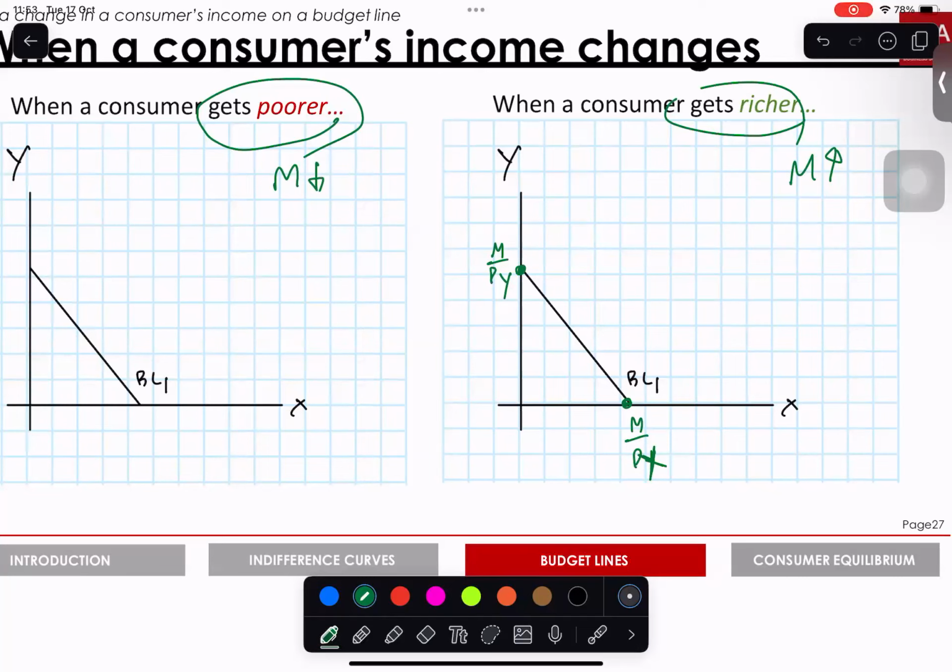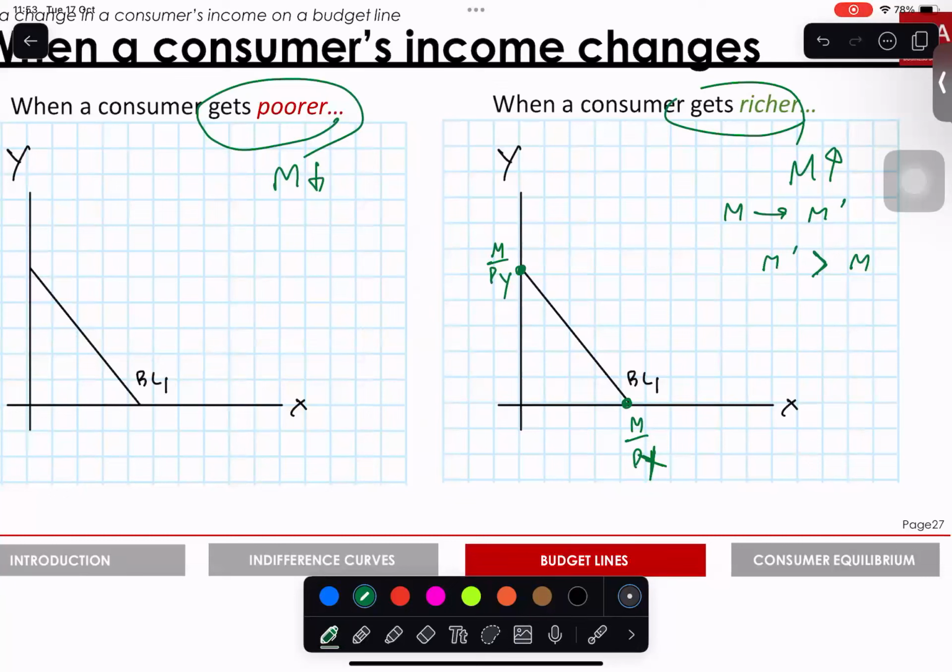If he becomes richer, let's say M changes from M to M dash, where M dash is higher than M. Let's say before he got only 2,000. Now let's say he got double, 4,000. M dash is greater than M.